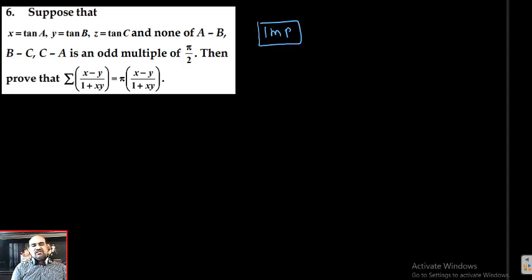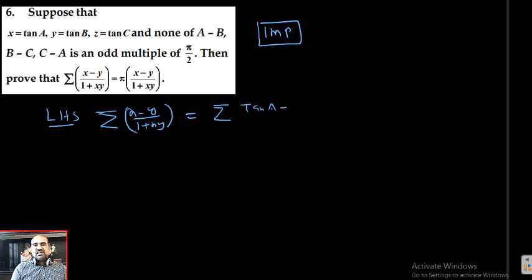Okay, I want to take the LHS, that is sigma of (x minus y) by (1 plus xy). That is sigma of (tan A minus tan B) by (1 plus tan A into tan B), which is the same as sigma of tan of (A minus B).